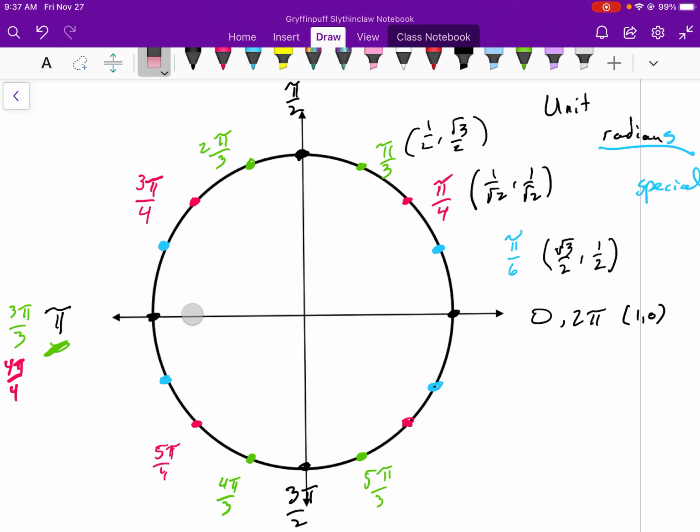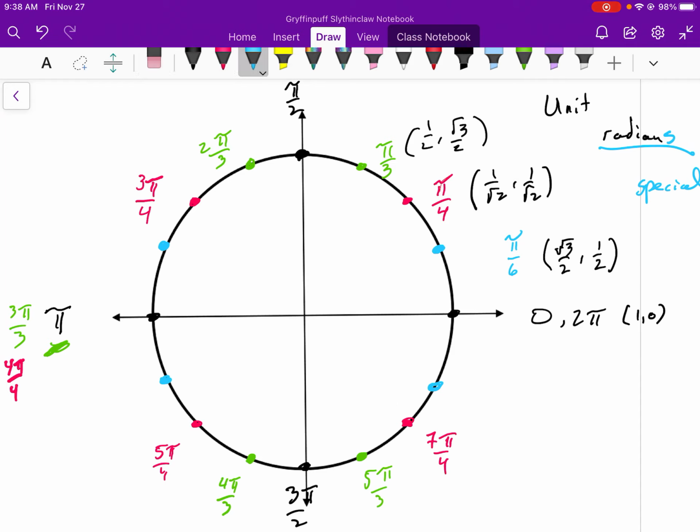The angle in quadrant 3 is going to be 4 pi over 4 plus 1 pi over 4. The angle in the fourth quadrant is going to be 7 pi over 4. And the reason why is I'm going to call this point not 2 pi, but 8 pi over 4. 8 over 4 is 2. 8 pi over 4 minus 1 pi over 4 leaves me with 7 pi over 4.